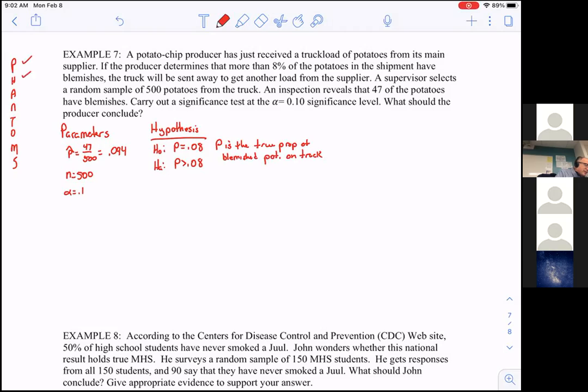Okay, so we have taken care of my parameters. We have made hypotheses, and now we need some assumptions. We needed to have a random sample of potatoes, which we did. Here it is, highlighted: random sample. It needs to be approximately normal. And again, we did a good job in this class of writing the word approximately. We have to have that.